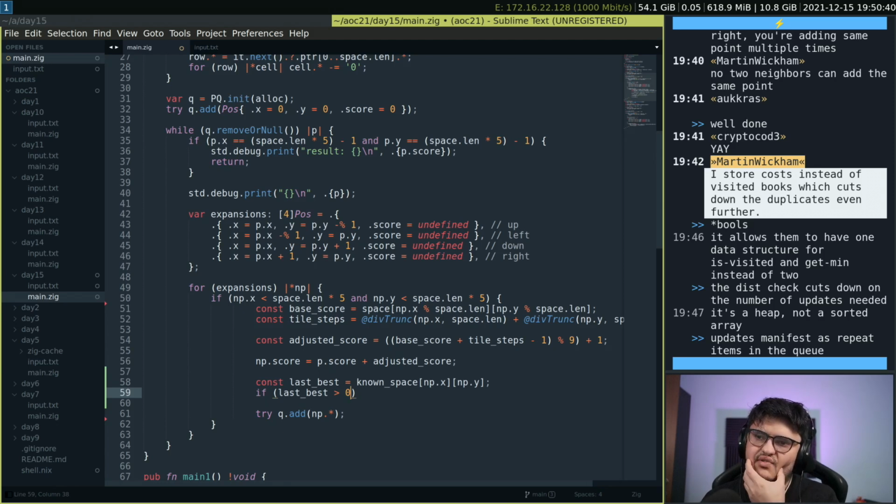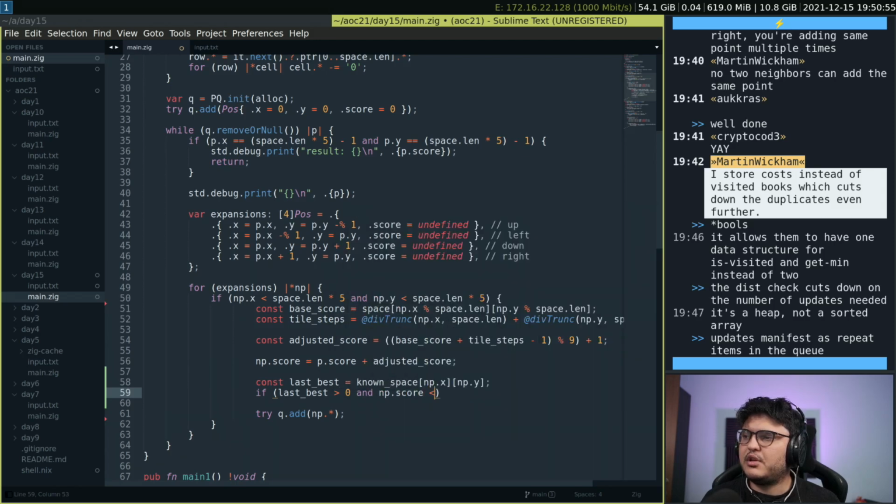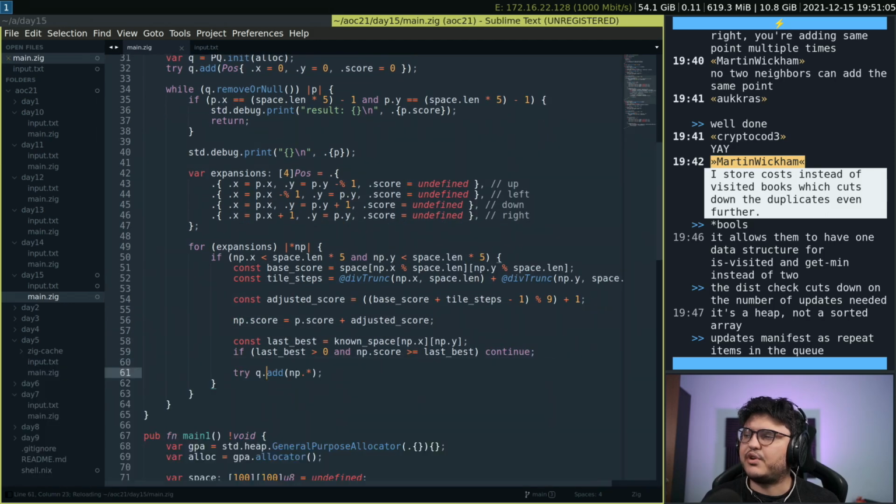You use 0 as infinity. So if the last best is greater than 0 and np.score is bigger or equal than last best, then we just don't add it, we continue. Otherwise, we need to update last best.